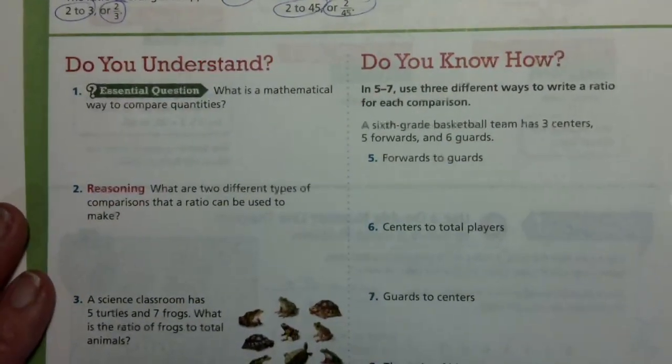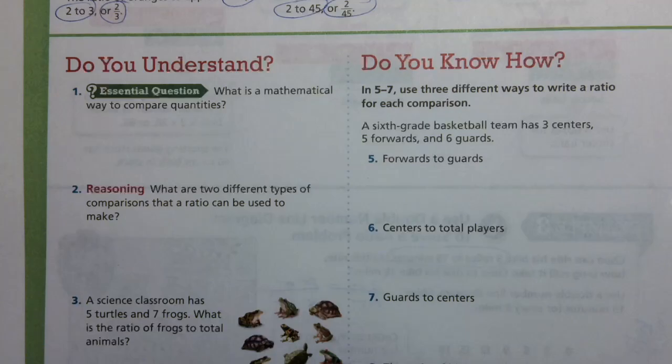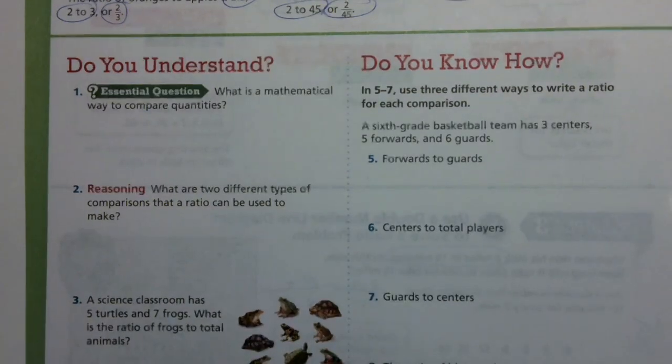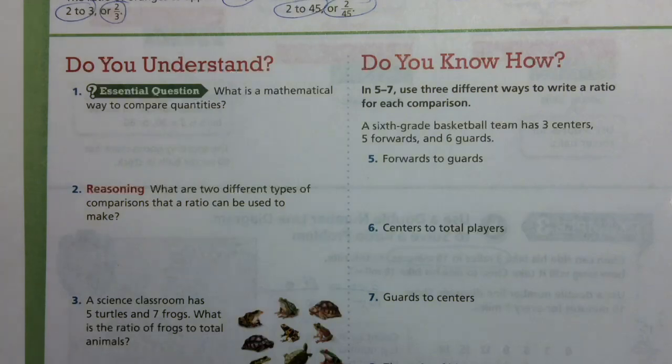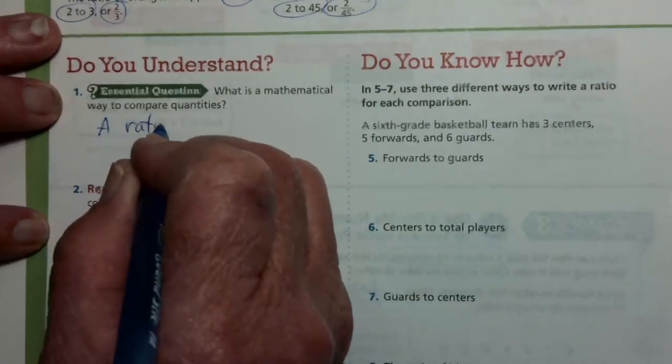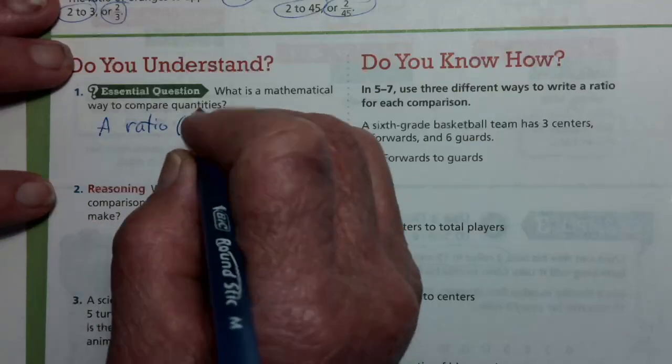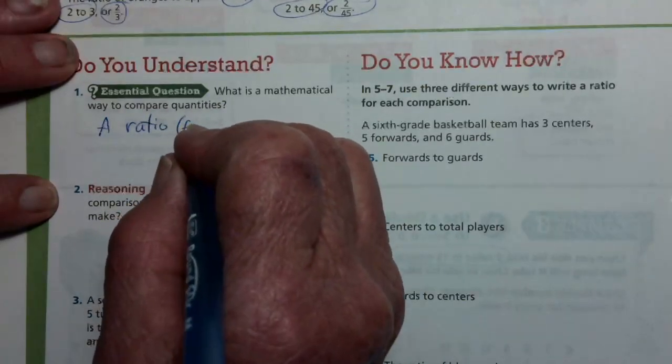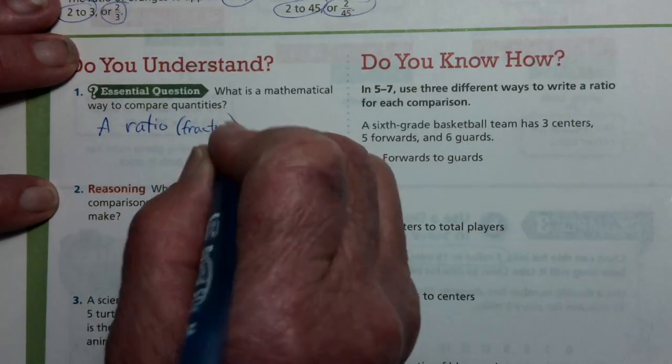All right, let's start with the do you understand? What is a mathematical way to compare quantities? A ratio, and in parentheses we're going to put fraction because we're most often going to use the fraction.